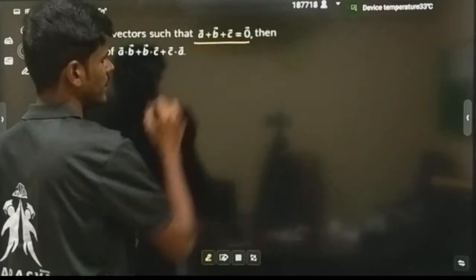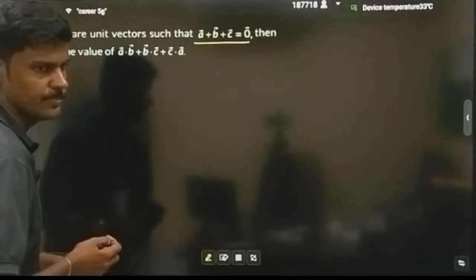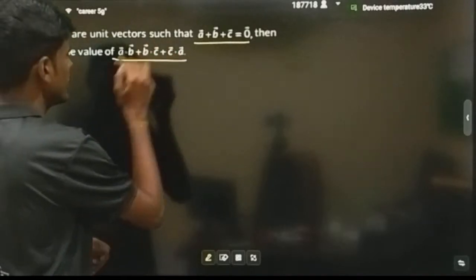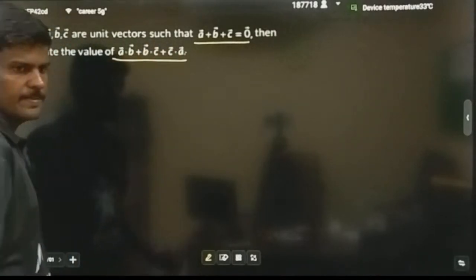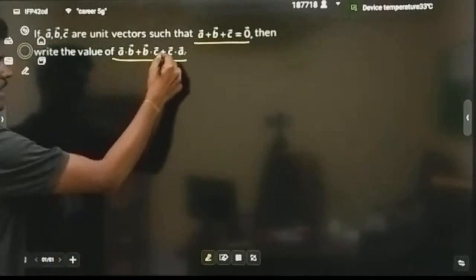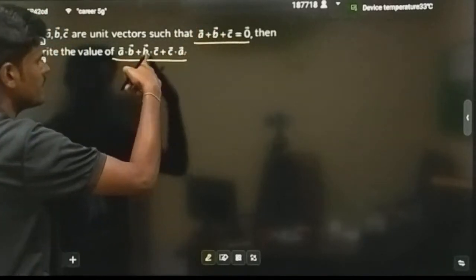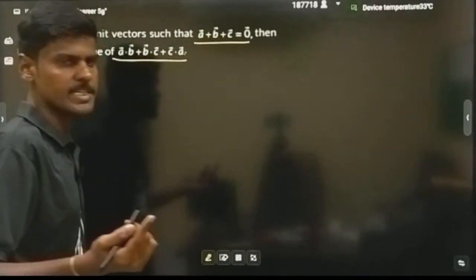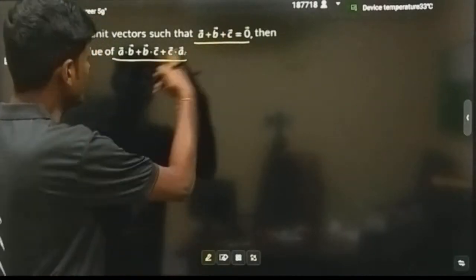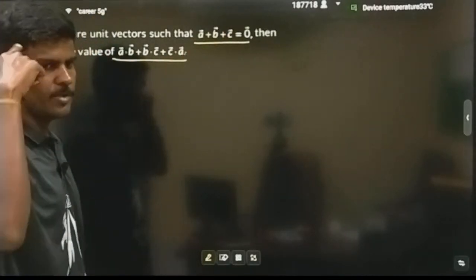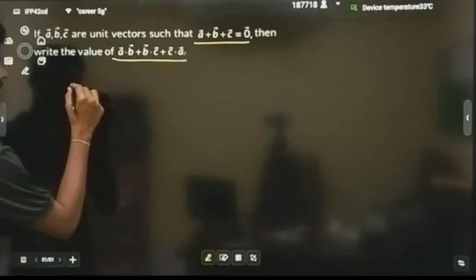Here what is given? A plus B plus C equal to 0. And then we have to find A dot B plus B dot C plus C dot A. Now how to find this? A plus B plus C and AB plus BC plus CA. What is the relation? Obviously, (A + B + C) whole square will have this formula. Think about algebraic formulas.